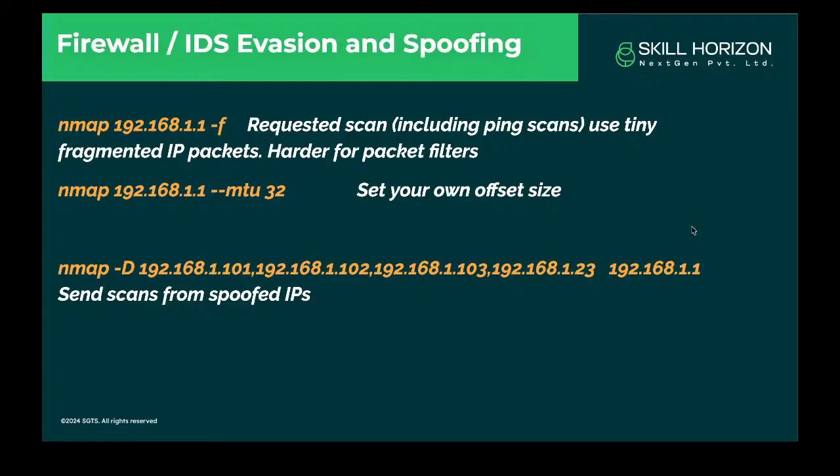If you want to scan your target with spoofed IPs, basically use the decoy technique, then you can provide the spoofed IPs first with the option -D, then your target IP or target domain name. So these three things can be used to bypass the firewall or IDS, or for spoofing purposes.